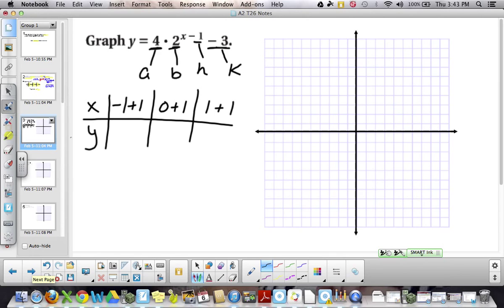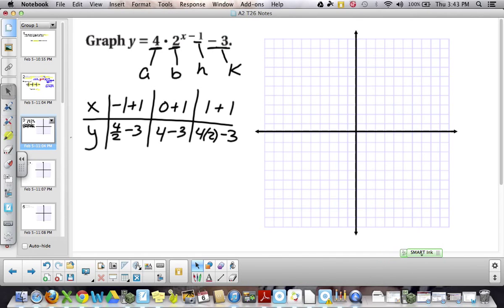All right, then for the y coordinates, I'm going to take a divided by b, so 4 divided by 2, plus k, so minus 3. Then I'm going to take a plus k, so 4 minus 3. And then my third y coordinate is going to be a times b plus k, so 4 times 2 minus 3.